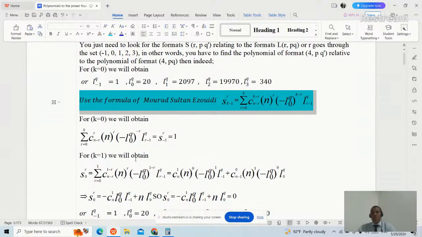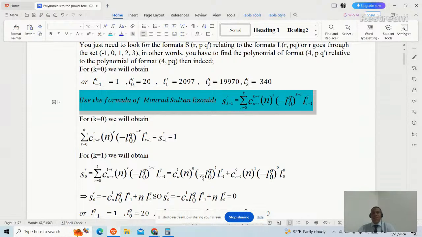Therefore, we just substitute k with 1. We obtain this formula, derived from the discriminant formula of Mourad Sultan Ezouidi. It's a very important method. And this should be equal to n choose 1, which is n times n raised to the power 0.